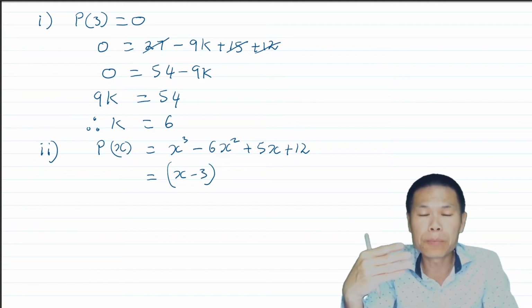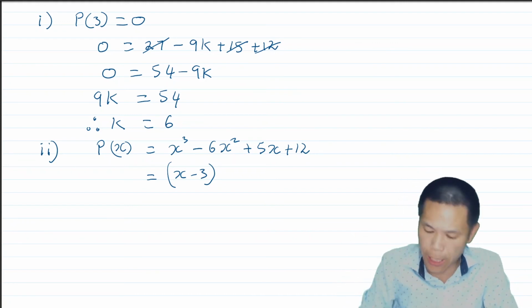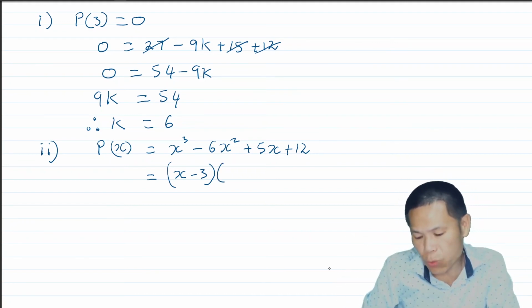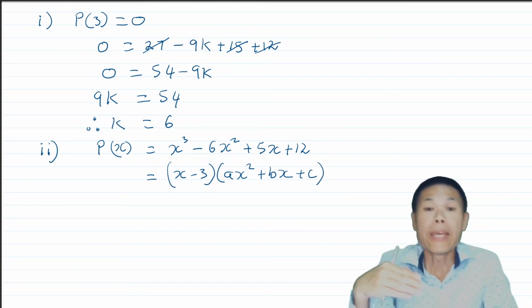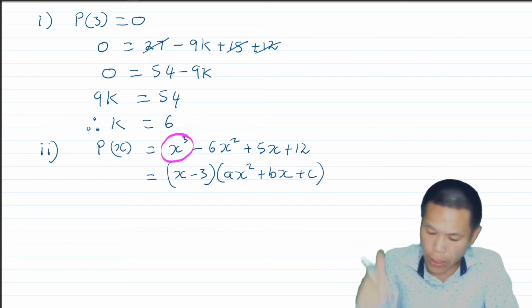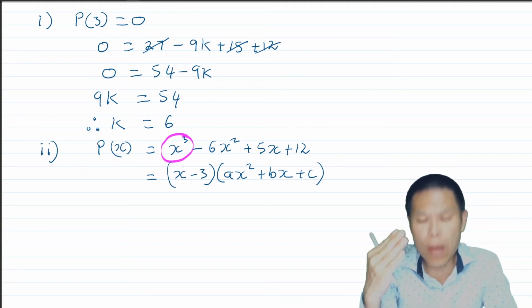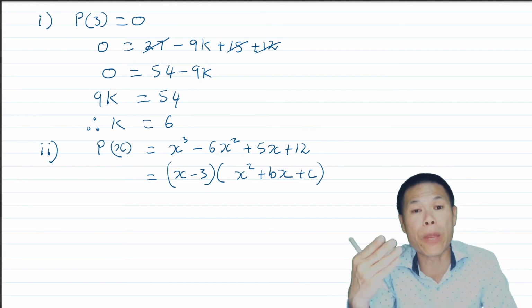But this time, I'm not going to use long division. So I just do it by inspection, okay? (x minus 3) times (ax squared plus bx plus c). And we know the coefficient of the leading term is 1. So therefore, a should be 1, which is x squared.